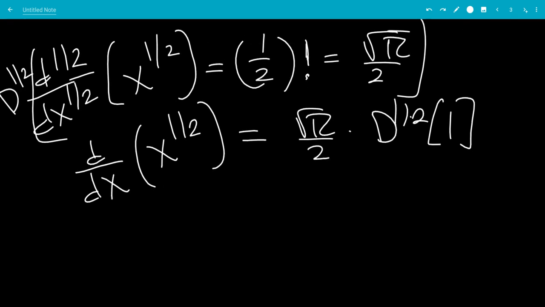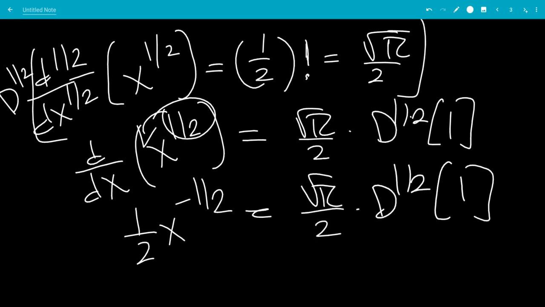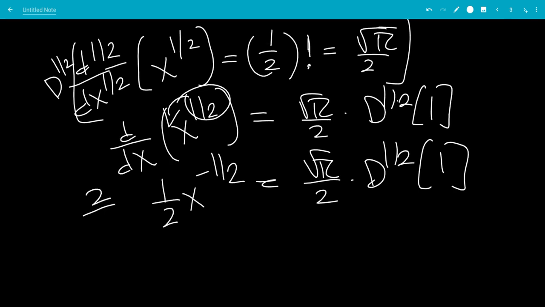And the derivative of x to the 1/2, you take this power to the front minus 1, so this will be 1/2 x to the minus 1/2 being equal to the square root of pi over 2 times the half derivative of 1. So multiply by 2 over the square root of pi.